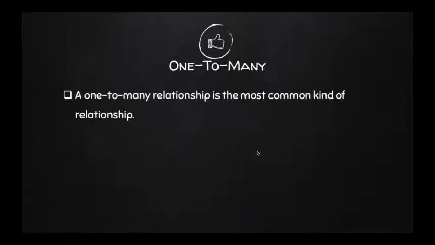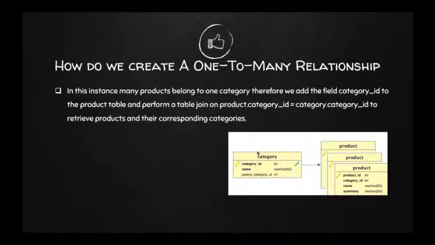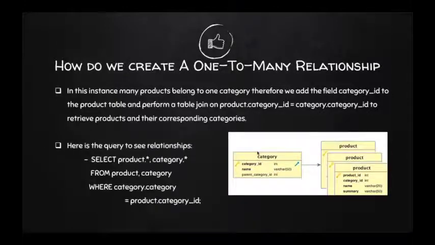One-to-many is the most common kind of relationship. In this kind of relationship, a row in table A can have many matching rows in table B, but a row in table B can only have one matching row in table A. Such as a category can have multiple products, but a product can have one category.